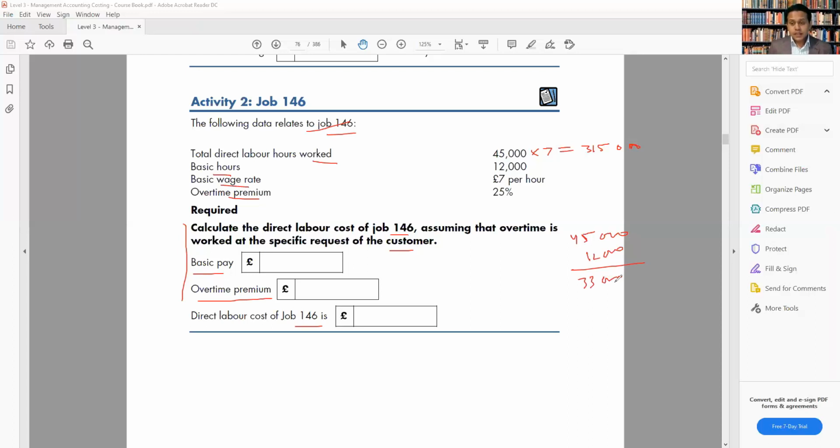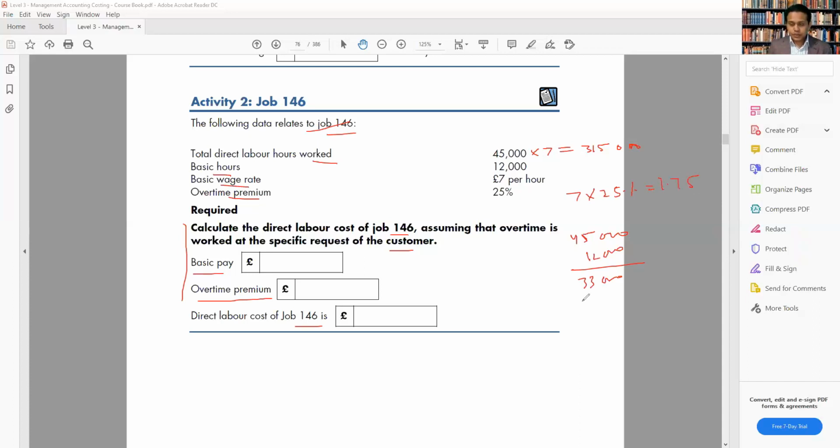33,000 hours. And they said the overtime will be 25% of the basic rate. So 7 times 25% gives you the overtime per hour. 7 times 25% is 1.75.